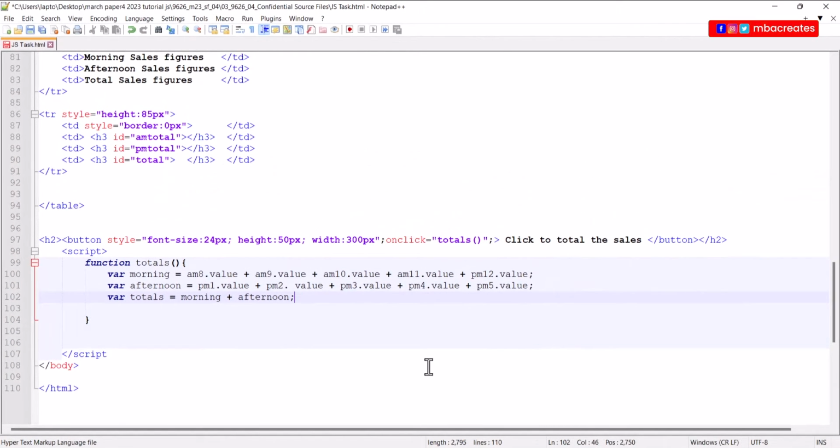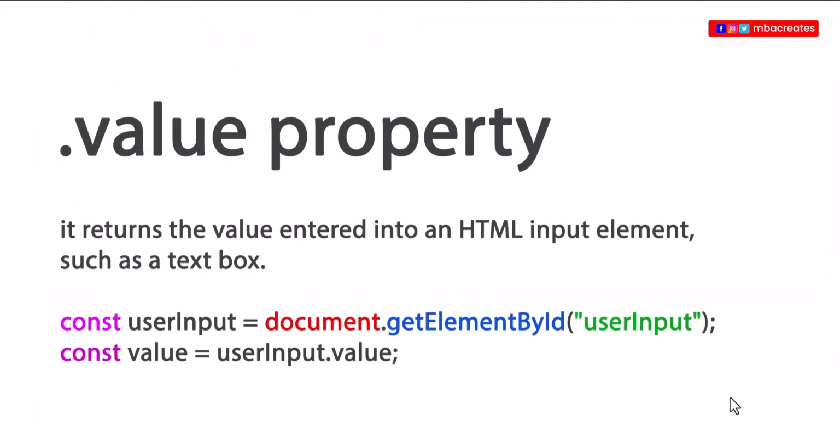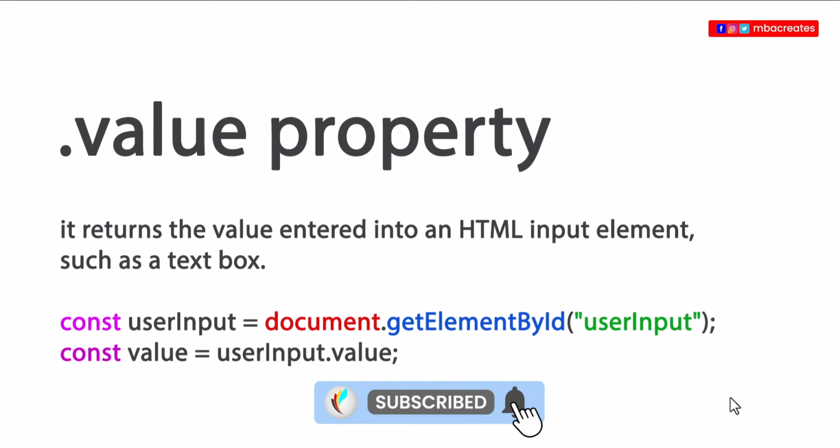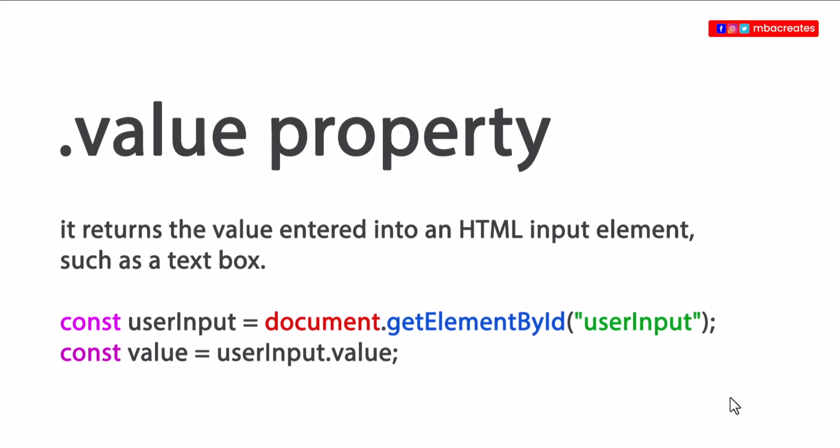Now the question you might ask yourselves is, what does the dot value do? The dot value property returns the value entered into an HTML input element, such as a text box. In the syntax example provided below, the variable value will hold the value the user entered into the input field.